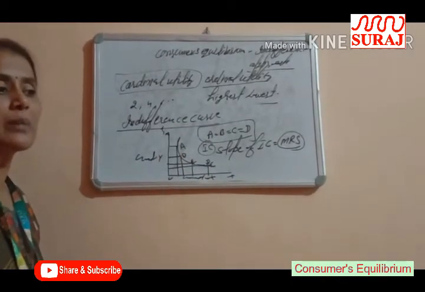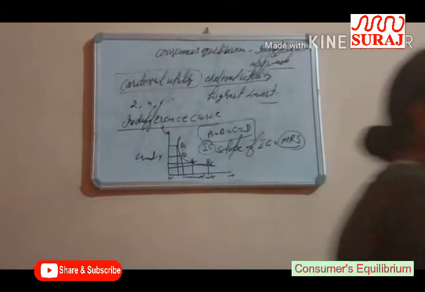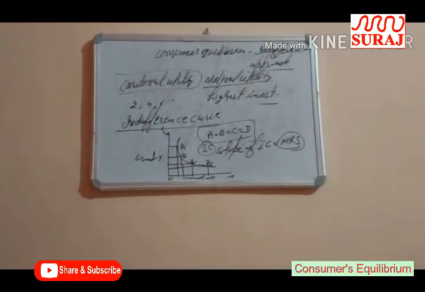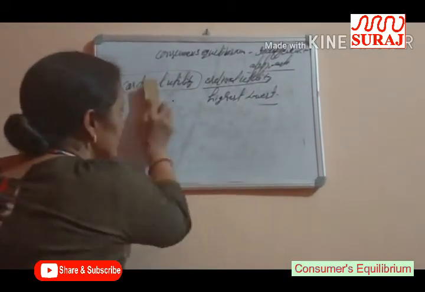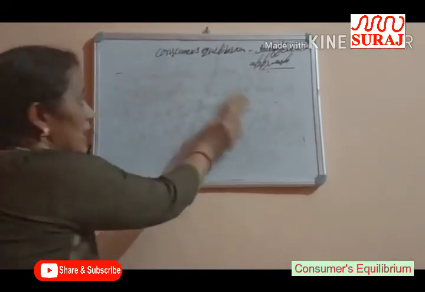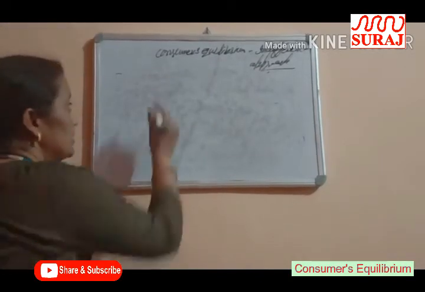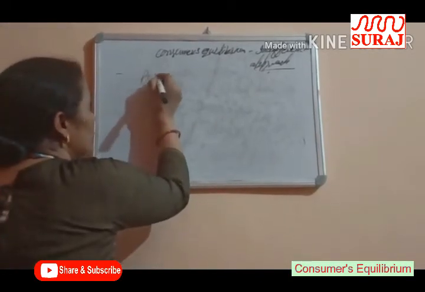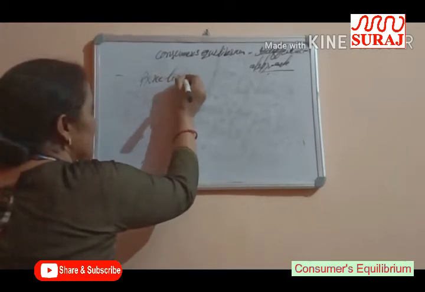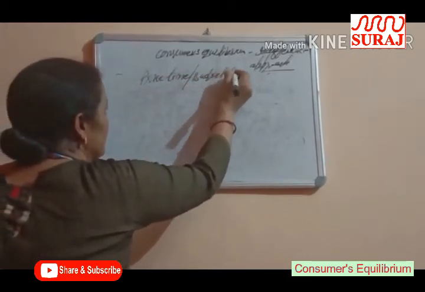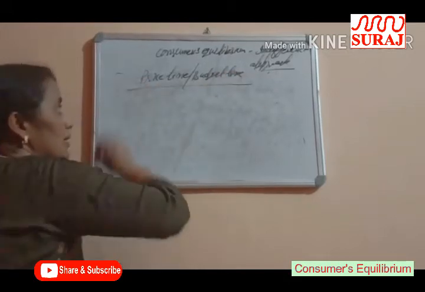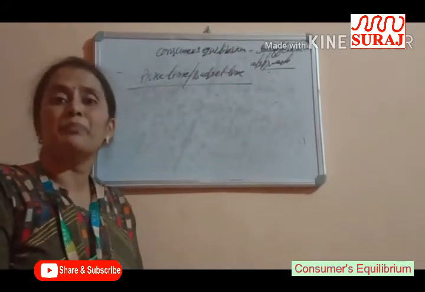Another concept is the budget line, also called the price line. First of all, what do you mean by the price line or budget line? Budget line is also called the price line.